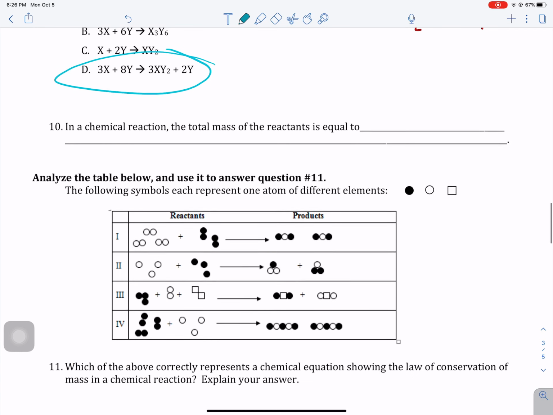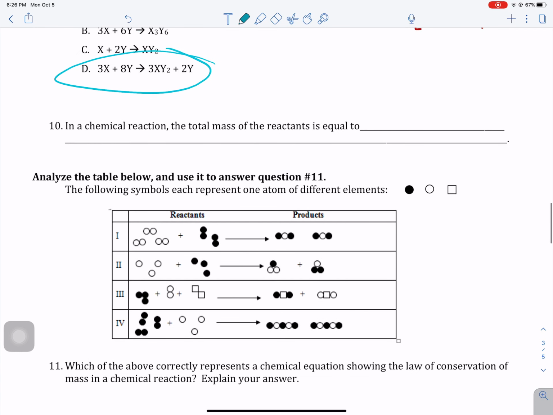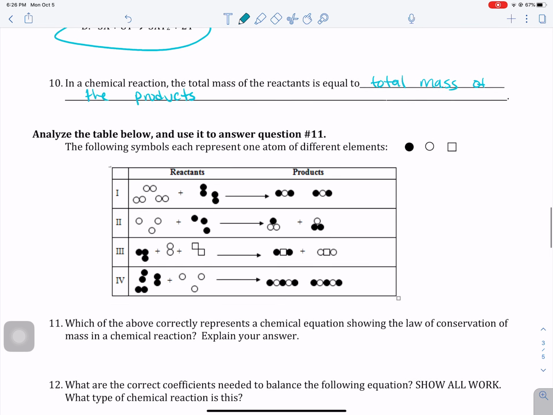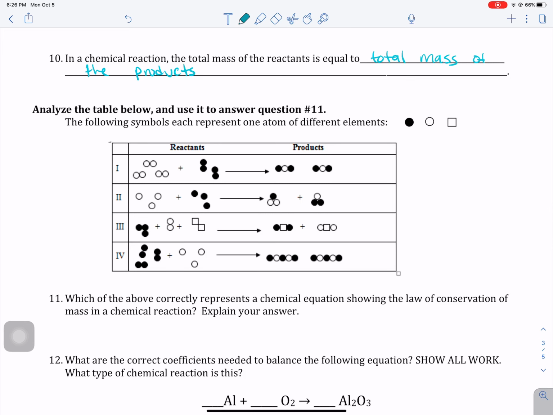Okay, in a chemical reaction, the total mass of the reactants must equal the total mass of the products. Okay. Okay, number 11. The following symbols represent one atom of different elements.